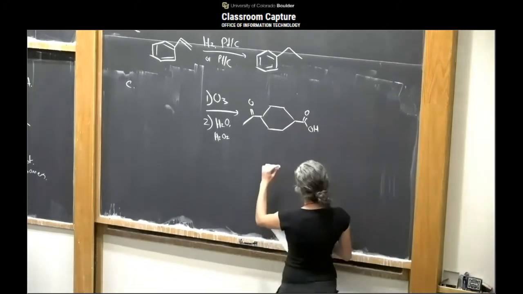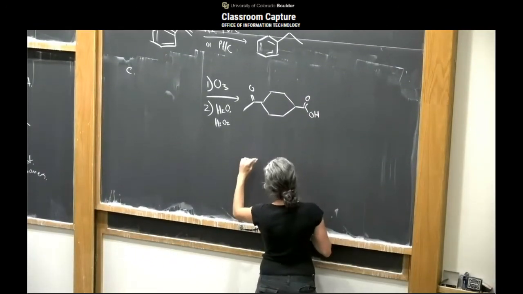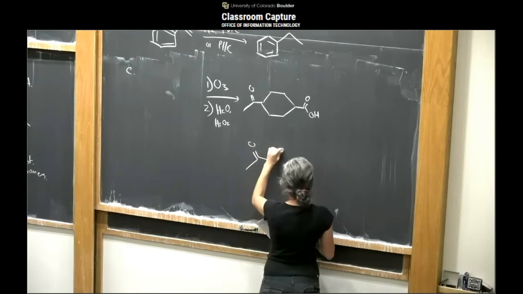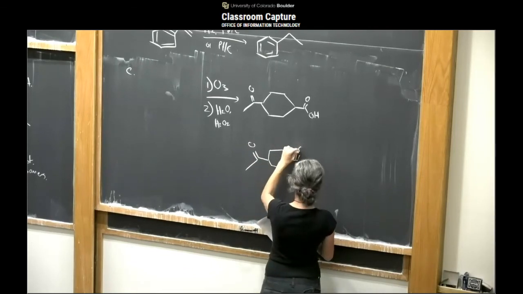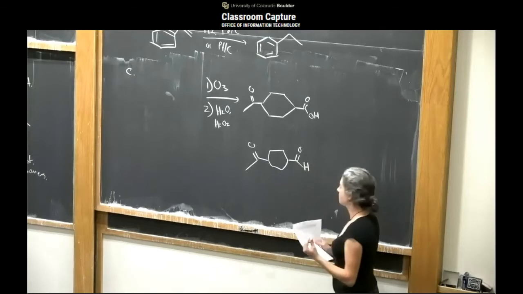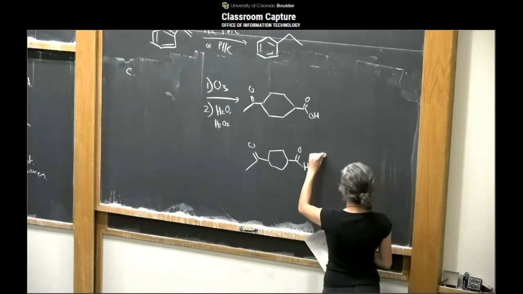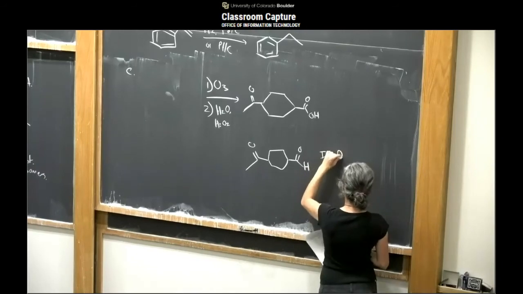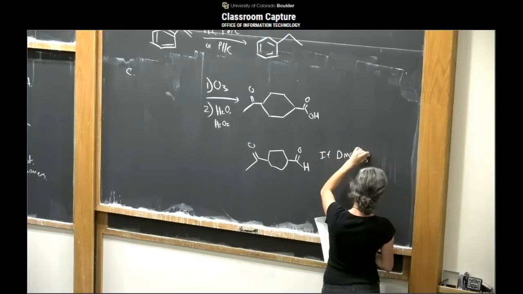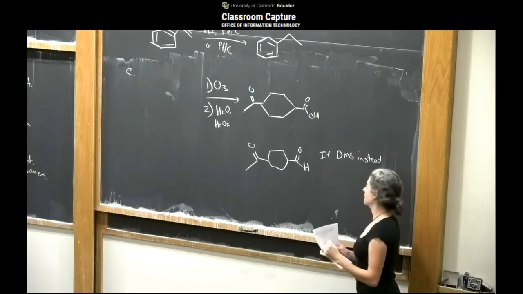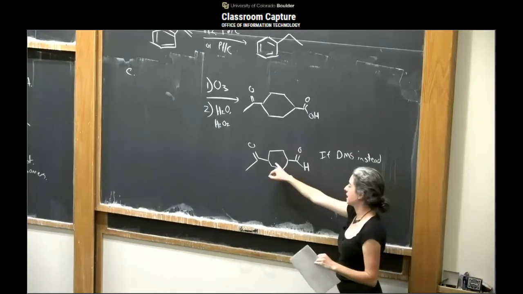Just to do some scratch work over here, if we'd done DMS instead, it would have looked like that. Which is kind of how we want to figure this out working backwards.